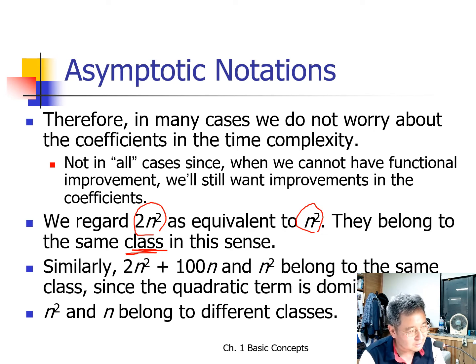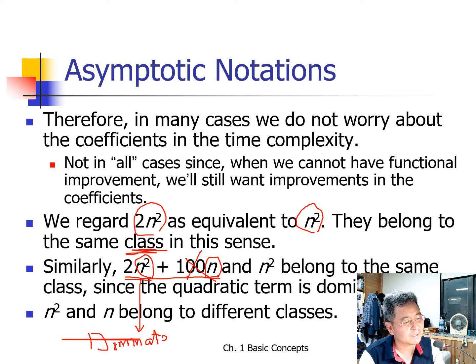So here 2n square plus 100n, as I said before, n square is much more important than n. So this term is not so important. Only this term is important. So this term is called the dominating term in the time complexity.